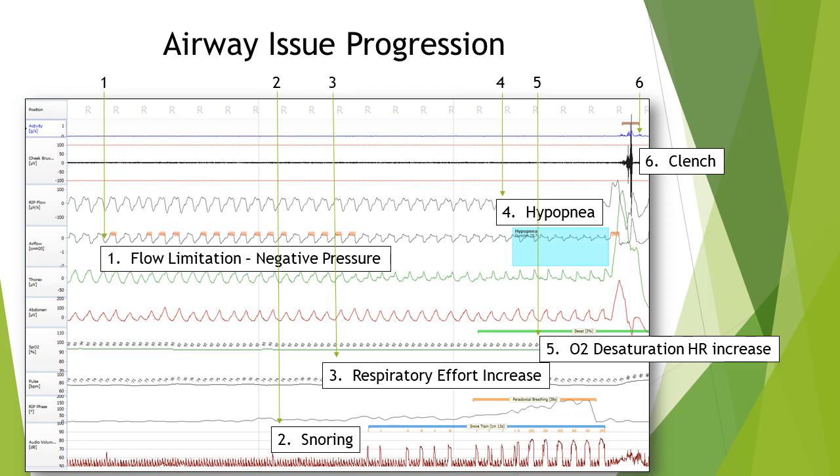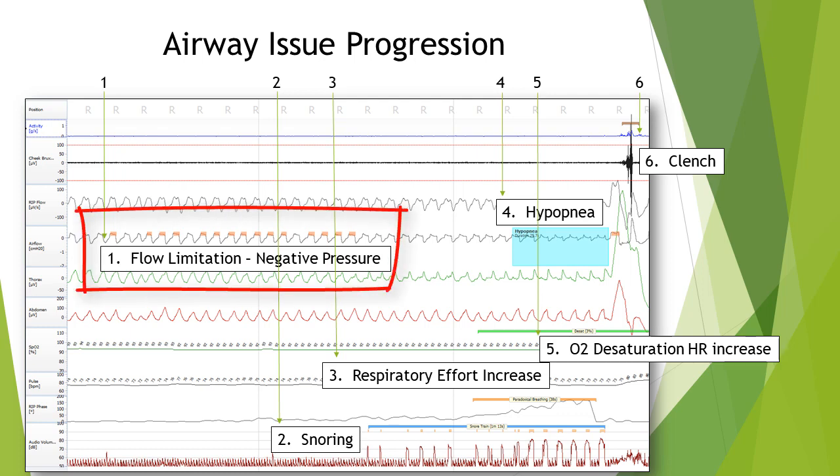So here we're going to talk about airway issues, and I'm going to talk about that in context first. We have a 1.5-minute window here, and there's 6 stages of this airway. And I'm going to point out that at each stage, an EEG arousal and subsequent parafunctional event can occur. So the first stage here is flow limitation, and that's marked by a series of breaths tagged with a little orange box.